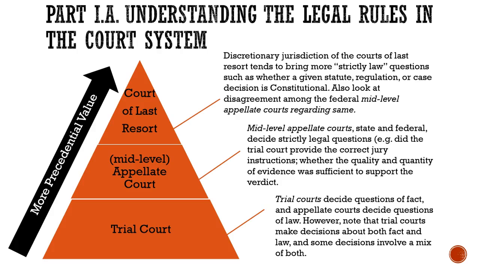At the state court of last resort in many states, there was one yes, it is constitutional, and in another state it's not constitutional. And that's what's meant in the book about the disagreement among the federal mid-level appellate courts regarding same. So it happens on the state level too. But the federal courts sometimes also will have conflicting opinions, and the United States Supreme Court, the court of last resort, will sort that out.